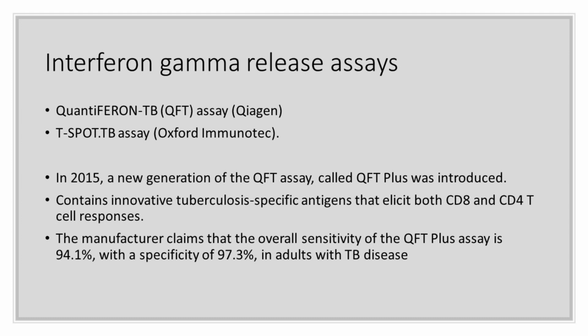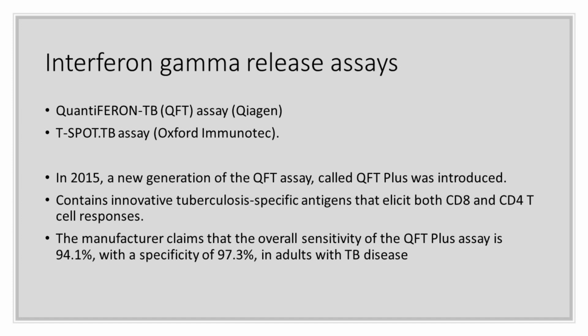If you look at Mantoux, the sensitivity is around 60 to 70%, and specificity is around the same. QuantiFERON-TB Gold also gave us a sensitivity of 60 to 70% with similar specificity. But with Gold Plus, the manufacturer claims the sensitivity is 94% and the specificity is almost 97%. It can also be used in children up to the age of 2 years.